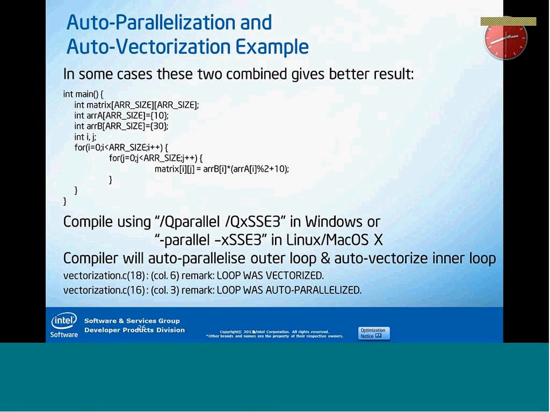That inner loop got vectorized, meaning it can operate on multiple inputs to generate output on a single core. It can then parallelize, meaning the outer loop gets auto-parallelized, and it can spread across your multiple cores. This is done automatically using just the Intel compiler with the proper switches for tuning.